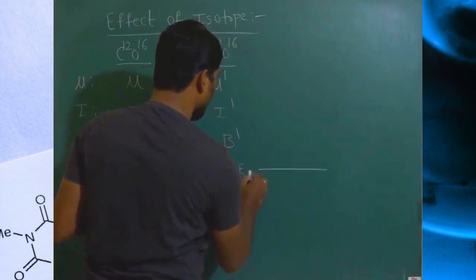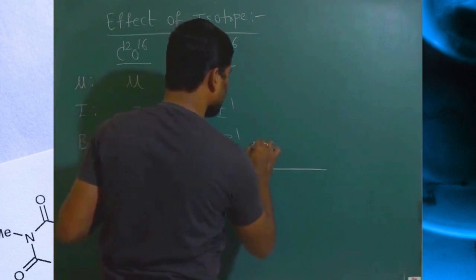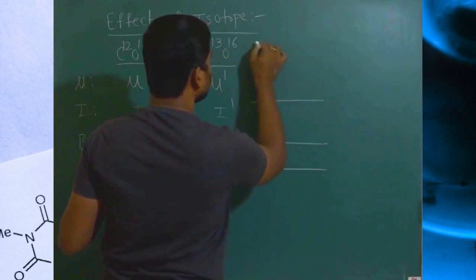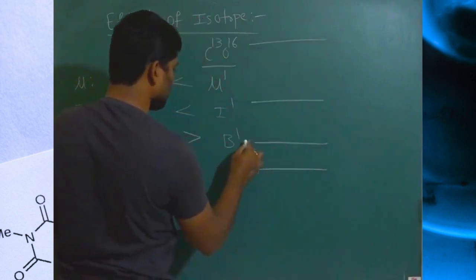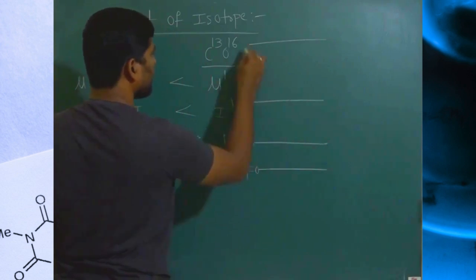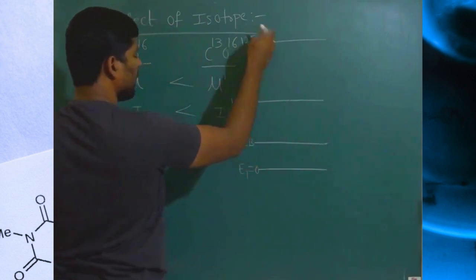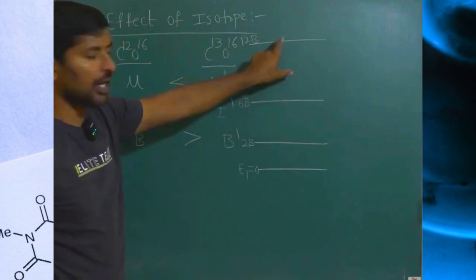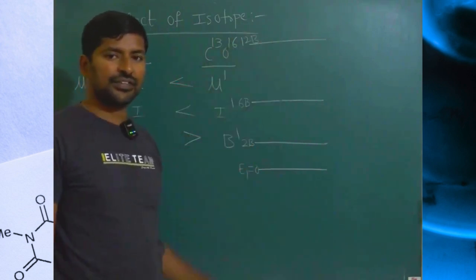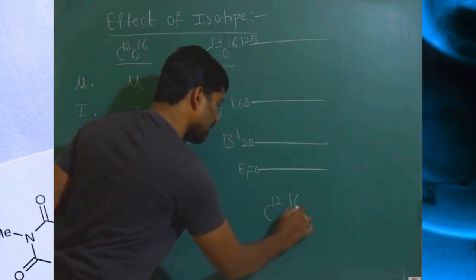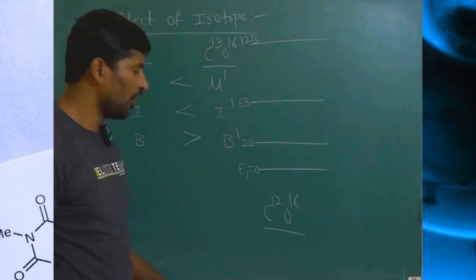What are the various possible energy levels we have? E1 is 0. After that E2 we got 2B. Next one 6B. Next one 12B. We got like this: 0, 2B, 6B, 12B. Here the gap is 2B, next gap 4B, next gap 6B. As J increases, the gap also increases. This is for C12O16. Now what about C13O16?